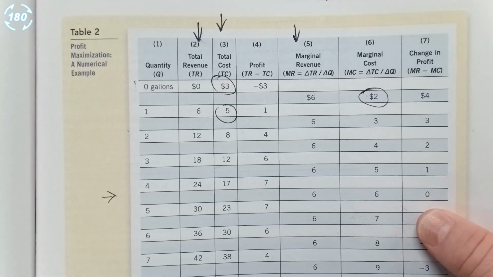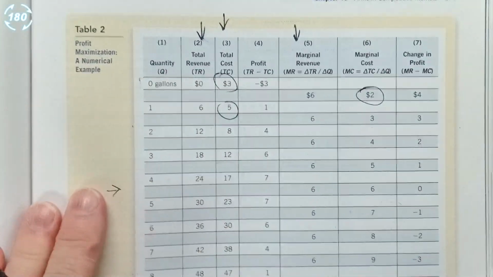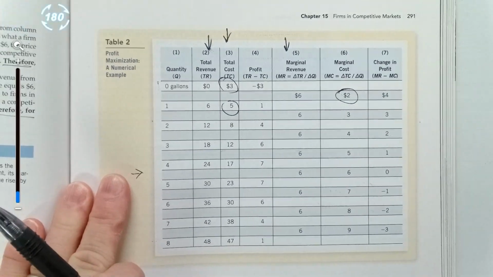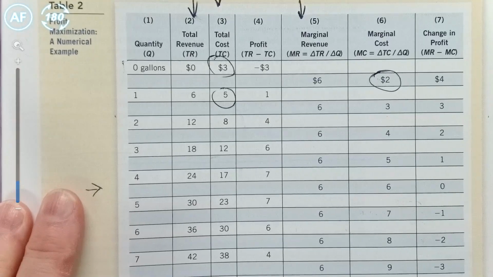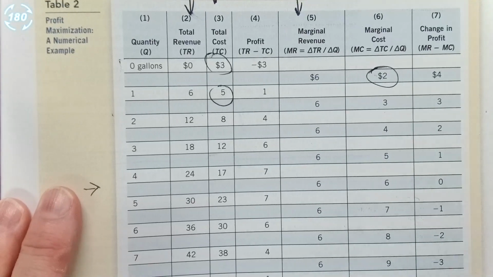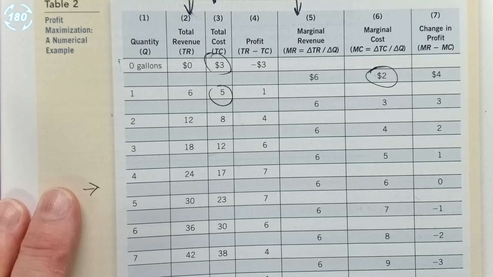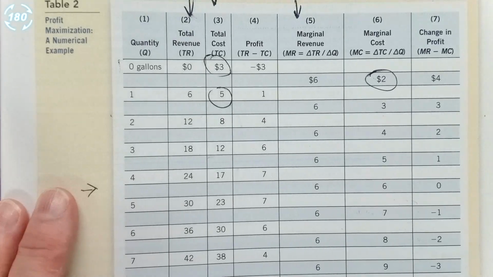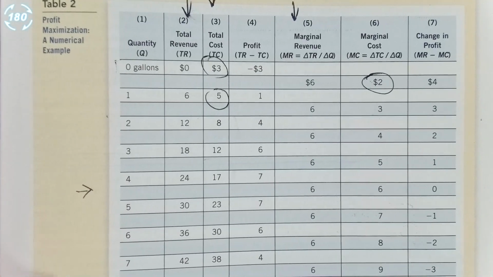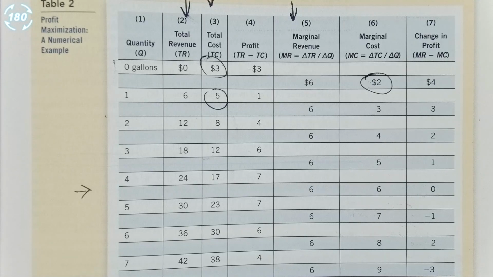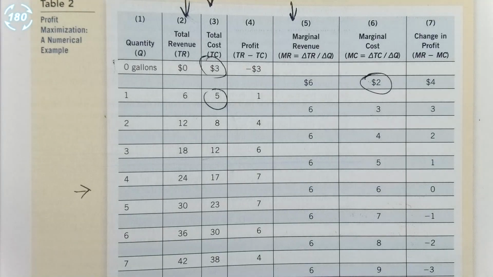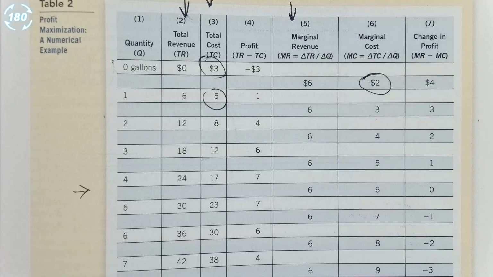Now, they've got some other things here, but what I want you to see from this diagram, or see if you can figure out just from the numbers in this chart, is this: this supplier should produce at what level? That's the question that the owners of the business want to know. Or certainly even lower than that, the manager who makes output decisions or decides how many workers to employ.